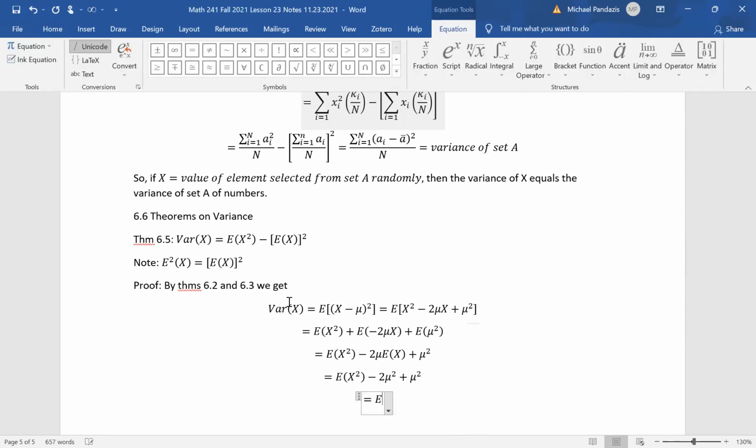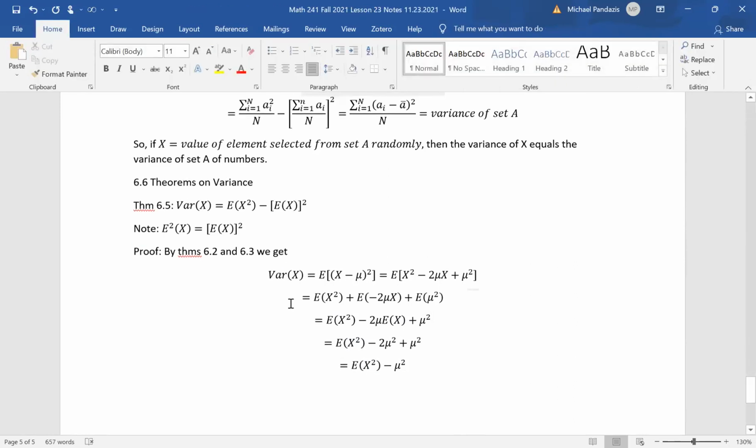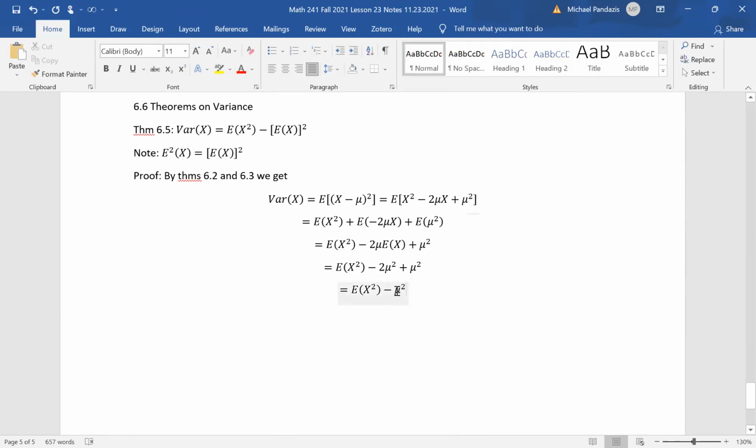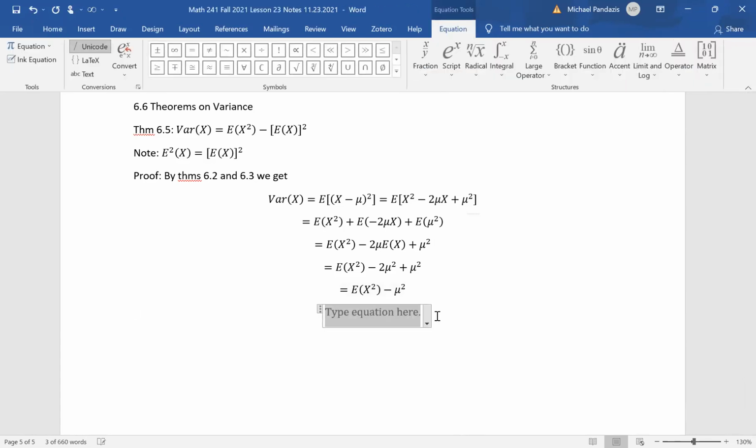And so this is equal to E of X squared minus mu squared. So that's E of X squared minus E of X squared. Another way to write it, with different notation, is E of X squared minus E squared of X, which is E of X squared.